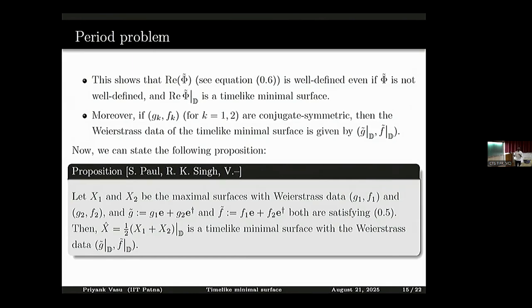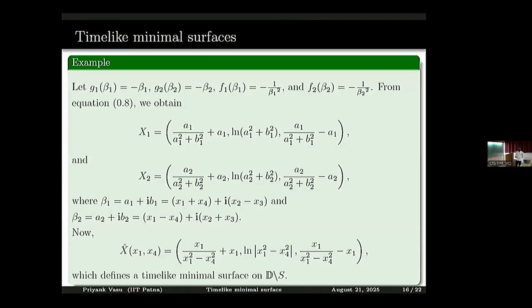Then its restriction defined in this way will give us the time-like minimal surface, and the Weierstrass data will be the restriction of G tilde and F tilde. This is one example. So the example says that if we define our Weierstrass data in such a way, with this as our first maximal surface and this as our second maximal surface, chosen so that they also satisfy equation 0.5, then this is our defined time-like minimal surface.